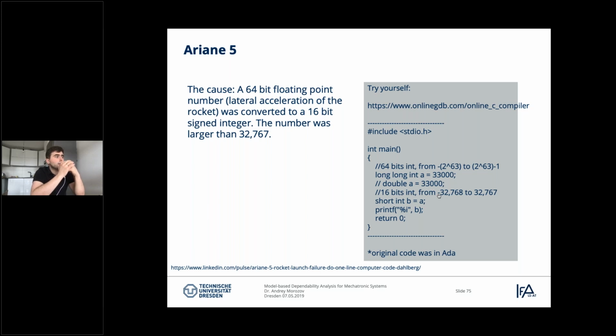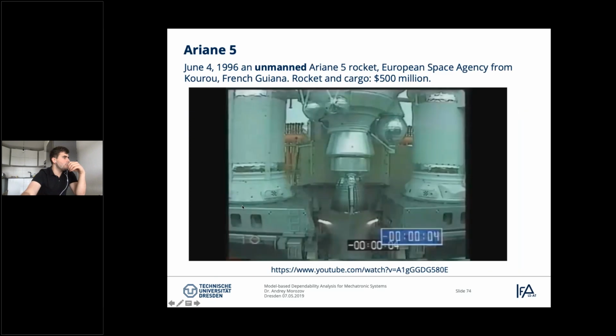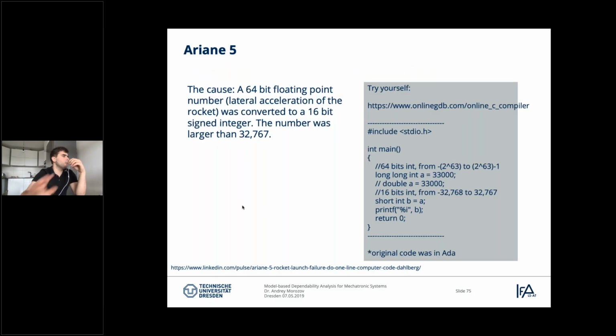In the code, they used a short integer to store some value. I believe it was acceleration, and they stored it in a short integer variable. And the short integer variable is a 16-bit variable that can store values from -32,000 to 32,000.